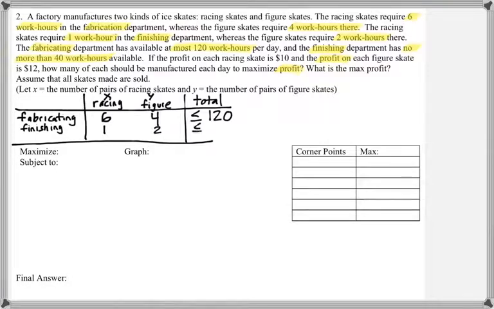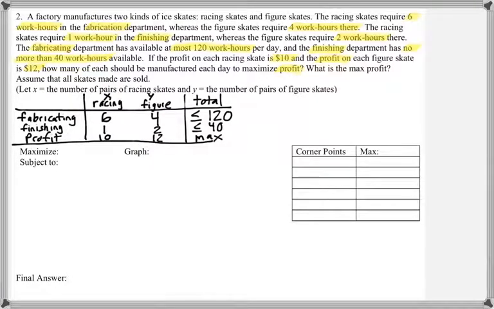So that is less than or equal to 40. And then lastly, the profit, that is $10 for racing and $12 for the figure skates. So 10 and 12. And this is what we're trying to maximize.